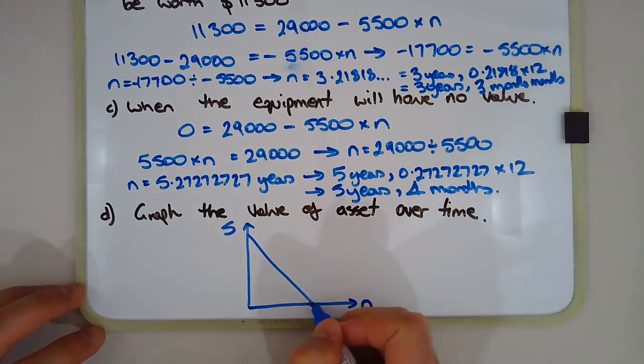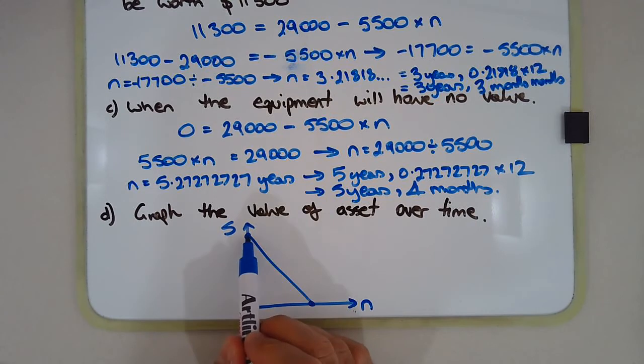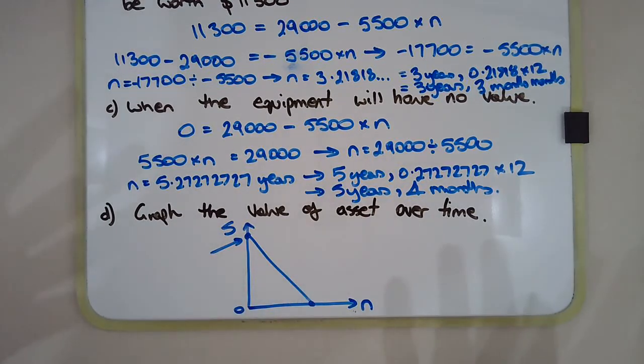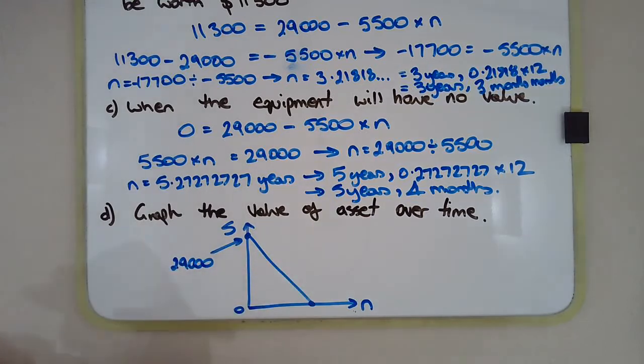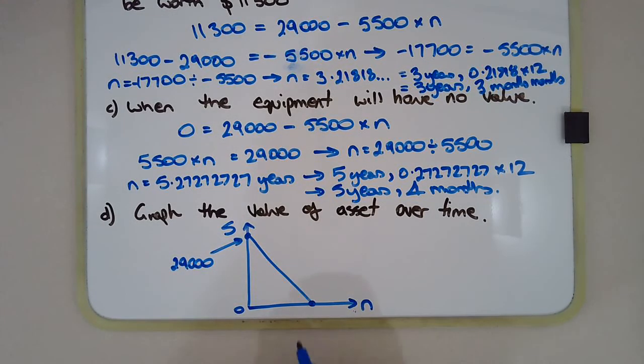And we need to also set the intercepts. What do you think the y-intercept would represent here? That should be the initial value of the item, V0. So that's going to be 29,000. What about the x-intercept? The x-intercept should be the value of n where the equipment has no value.